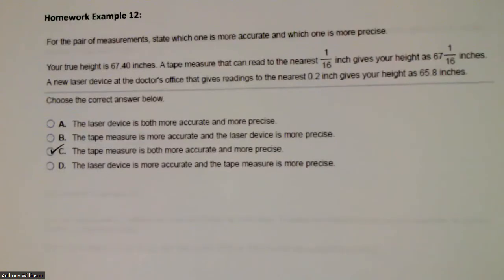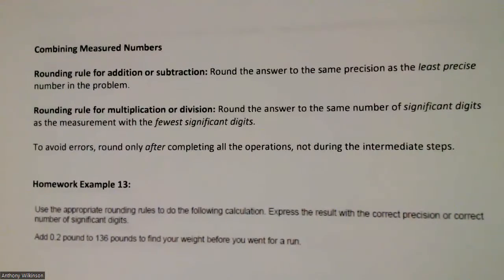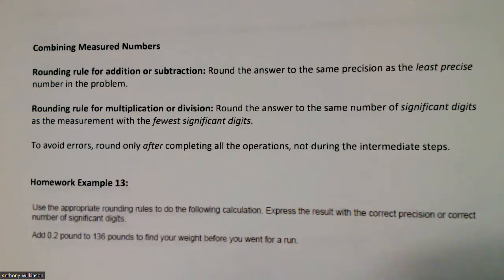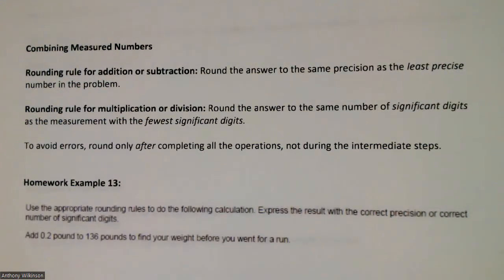All right, and finally, we'll talk about combining measured numbers. The rounding rule for addition or subtraction is this: you're going to round the answer to the same precision as the least precise number in the problem. For multiplication and division, you're going to round the answer to the same number of significant digits as the measurement with the fewest significant digits.